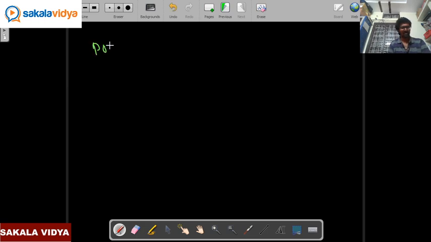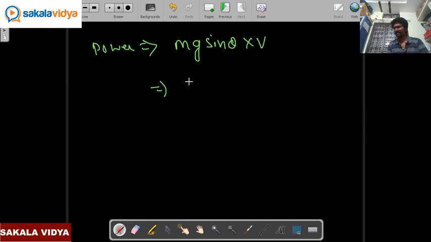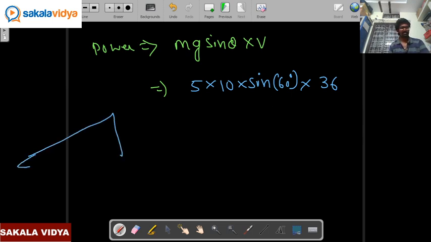Power is equal to mg sin theta into v. Mass of the object is 5 kg. Acceleration due to gravity is 10, sin 60, where the angle of inclination is 60 degrees. What is the velocity given? 36. So, this is our smooth inclined wedge whose angle is 60 degrees on which a block of mass 5 kg is placed.